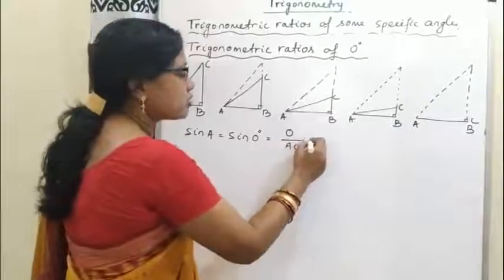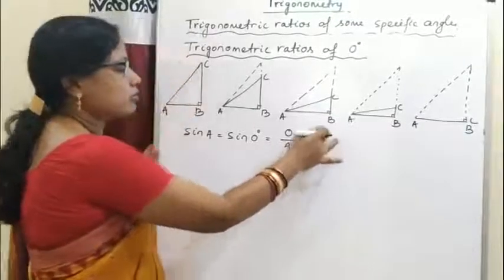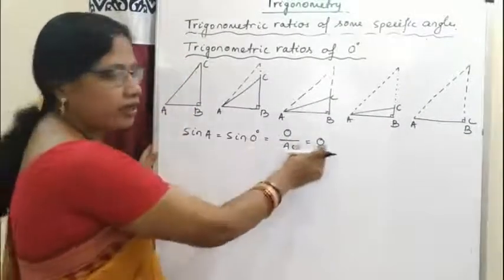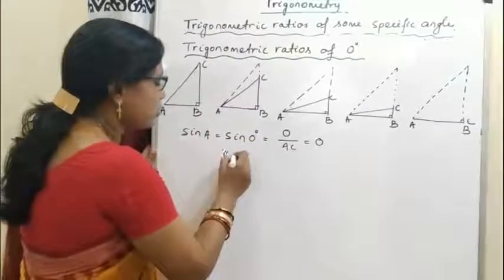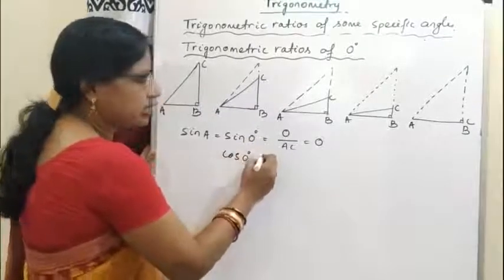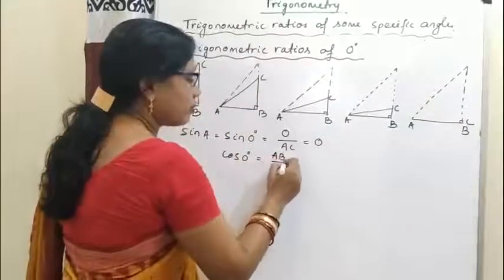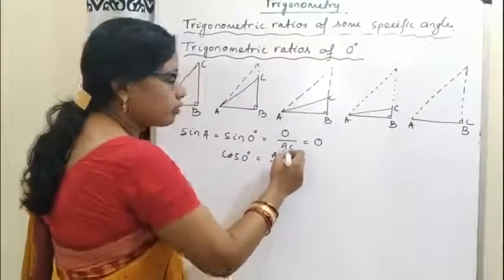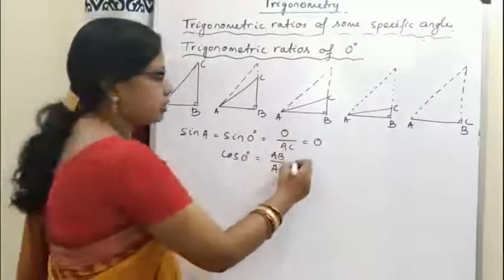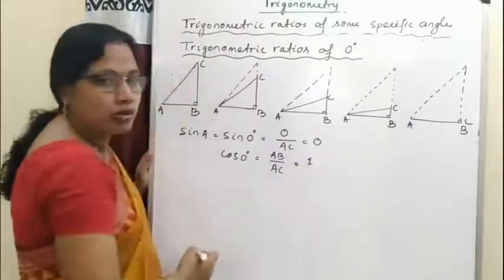So sine 0 degree value is 0. Then cos 0 is adjacent side AB by AC. Both are equal because they coincide with each other, so that is equal to 1.